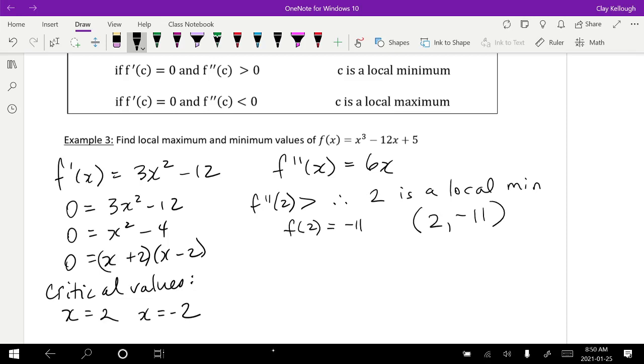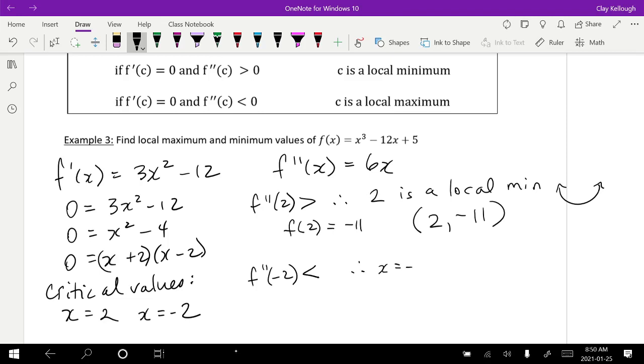And of course, I know then also that if it's a local minimum, that means I'm concave up, like that, right? And let's do the other point now. What happens to f double prime of negative 2? Well, put negative 2 in and you get a negative. 6 times negative 2 is negative 12, so that's a negative.